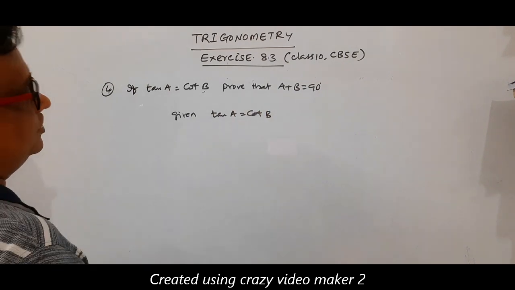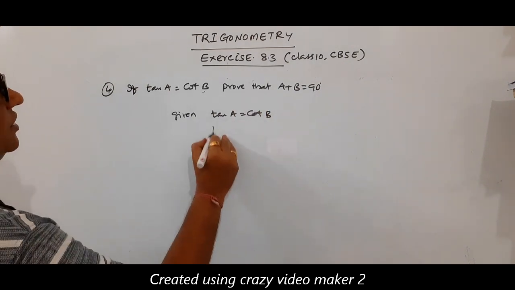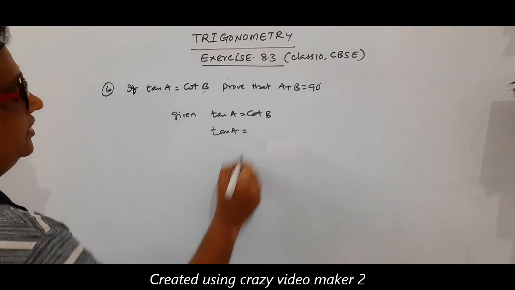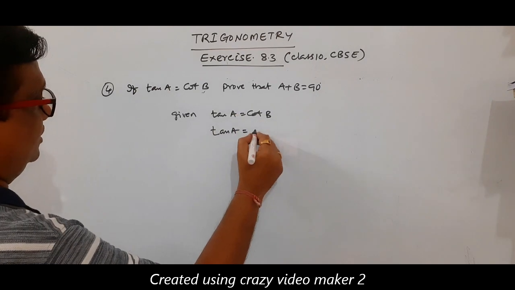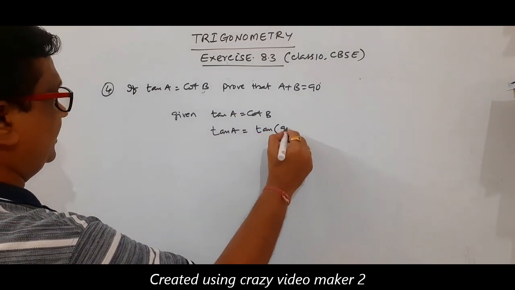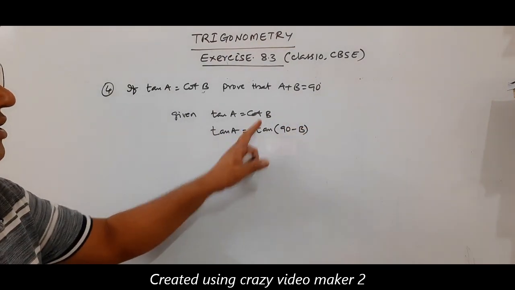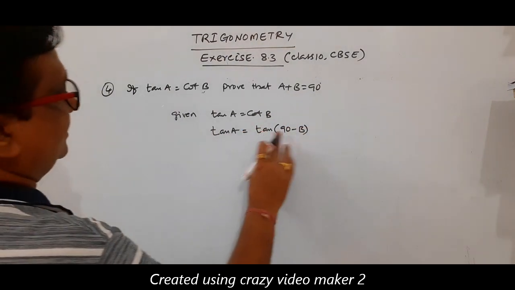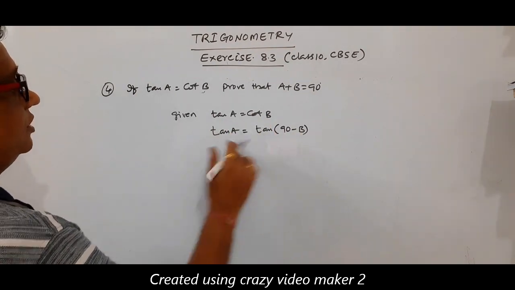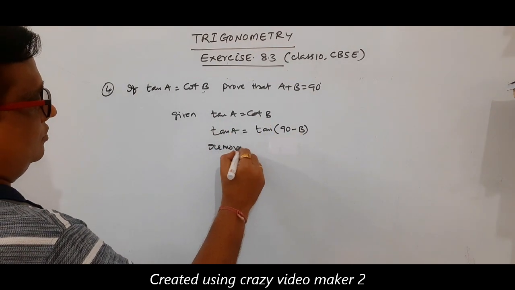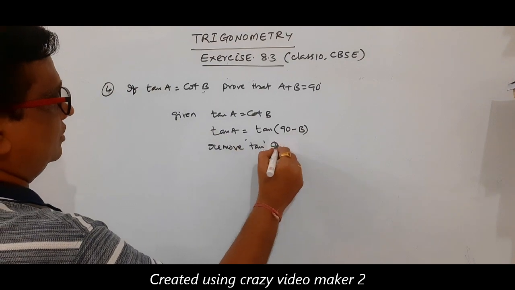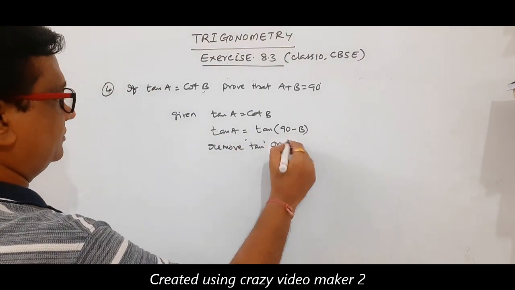First we are going to change into the other form. Suppose I write tan a equal to cot b, cot b can be written in the form of tan 90 minus b. Tan of 90 minus theta is cot theta, so tan of 90 minus b is cot b. So now remove tan on both sides.